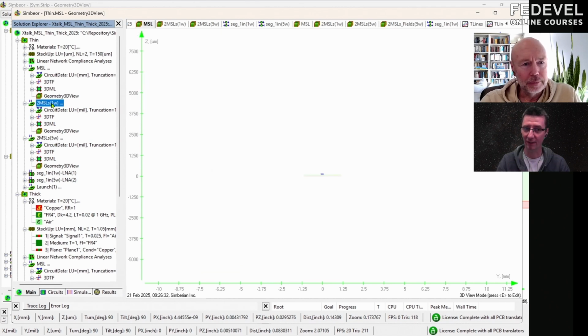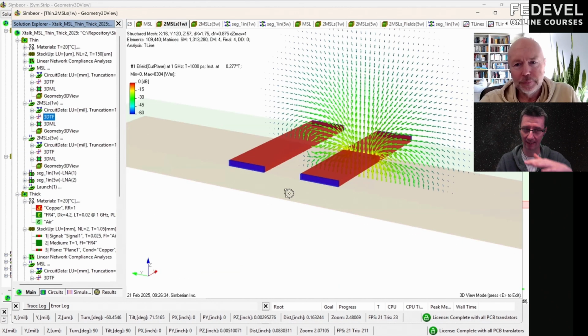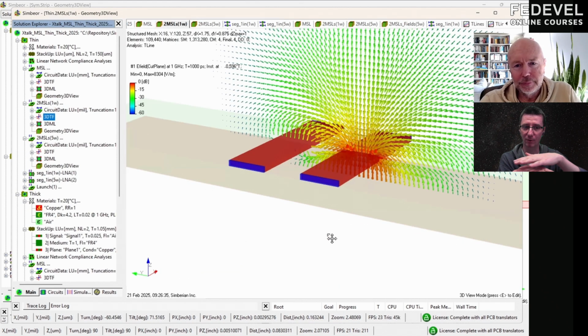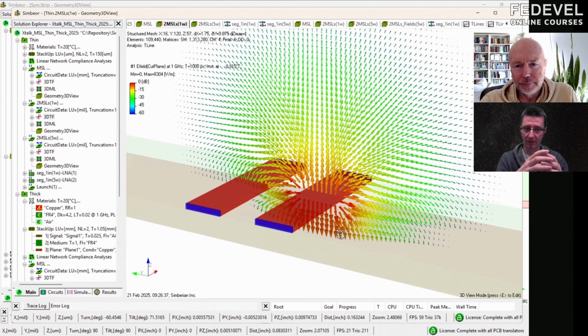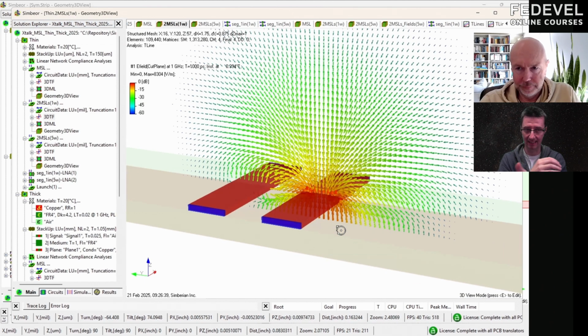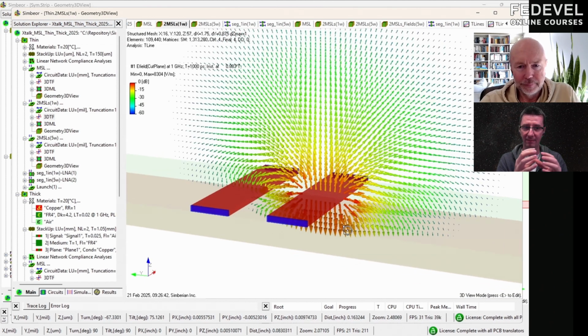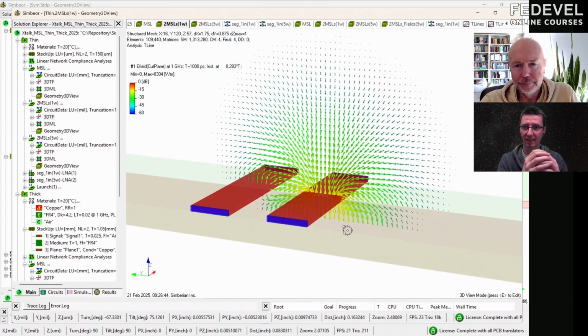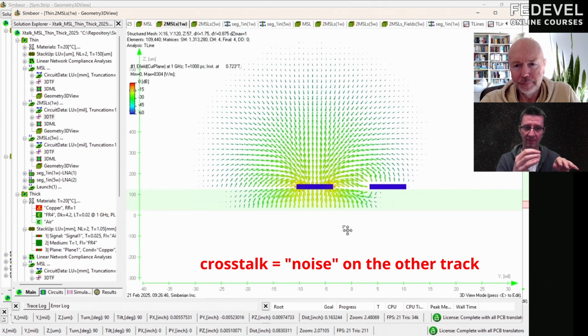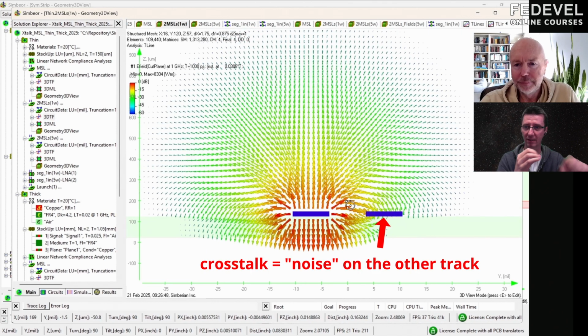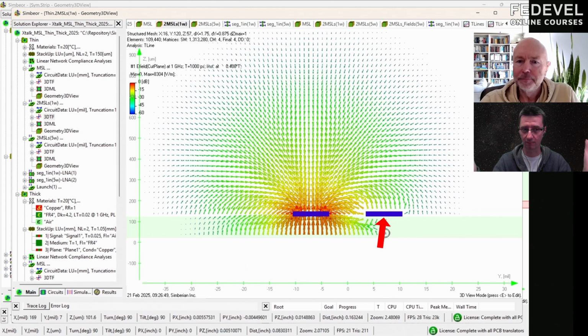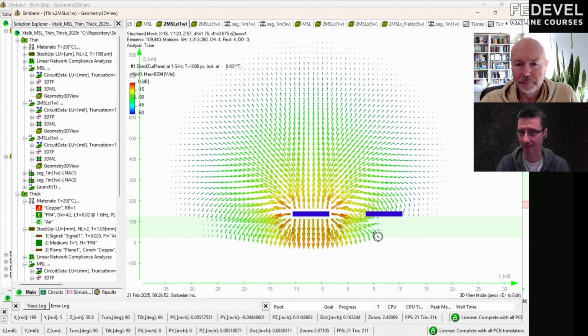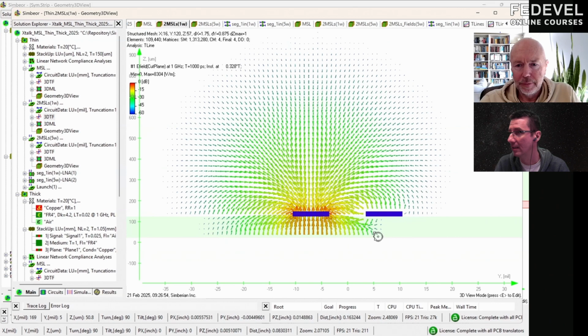One of the advantages of having the plane very close under the tracks is that these fields are smaller. That's exactly what we already saw, and based on these fields, we can actually calculate the crosstalk on the other track, which can be routed close to the one which is making these fields. That's exactly what we see here.